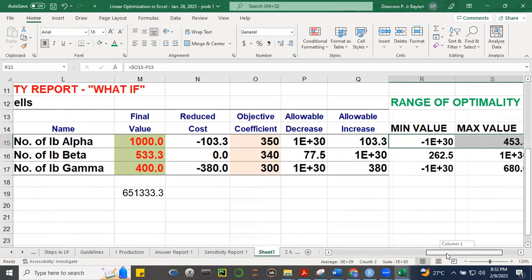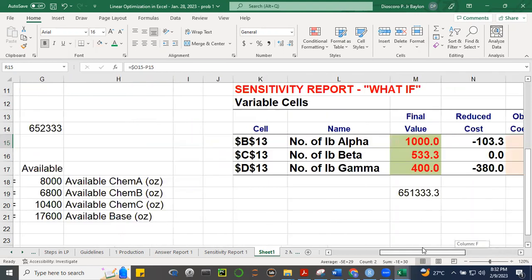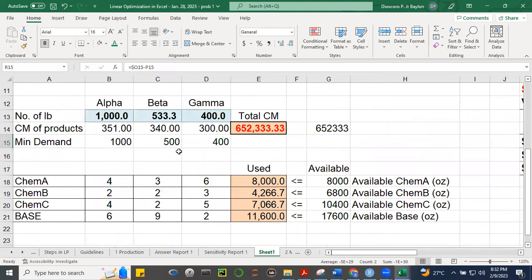Okay, so what happened when we increased our alpha by 1 peso, naging 351. Nung sinolve natin siya, pareho pa rin yung objective optimal solution. We know that, no? Pareho pa rin yung optimal solution.